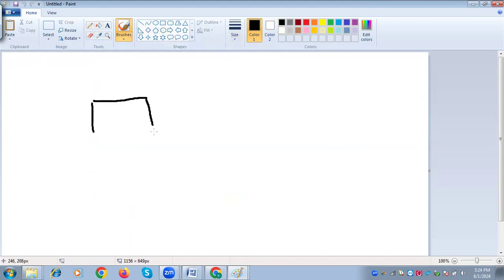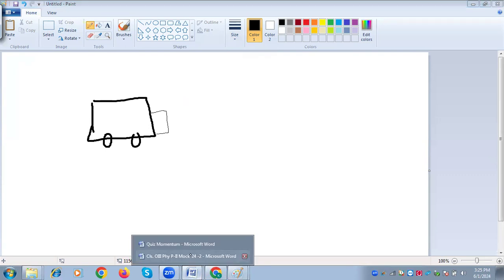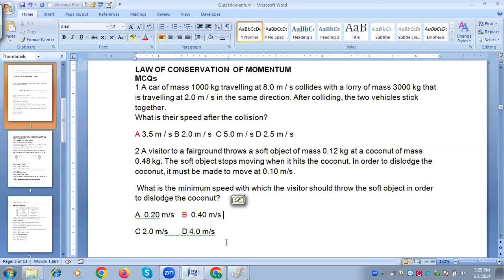This is one body, and the other one, what is the mass? Let us have a look at the question. 1000 kg.